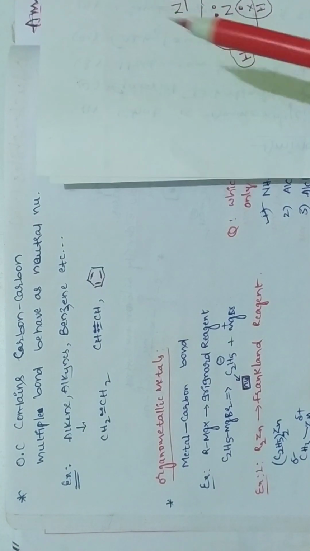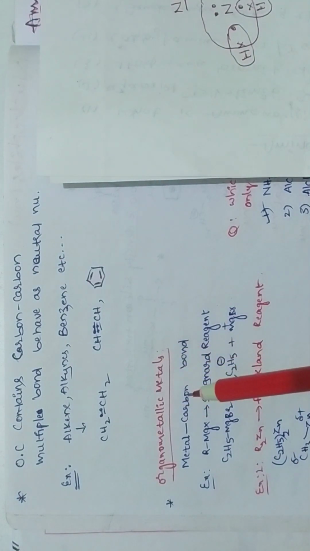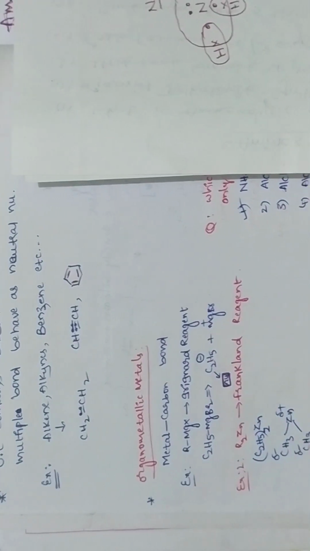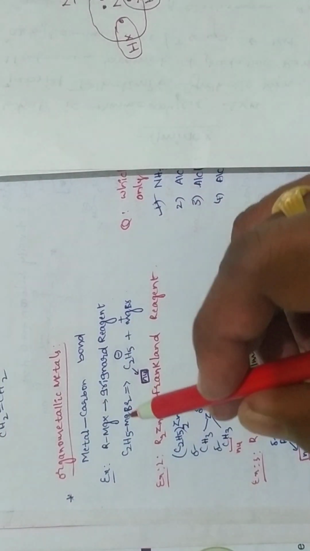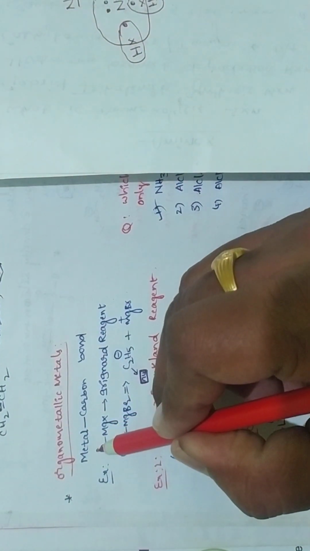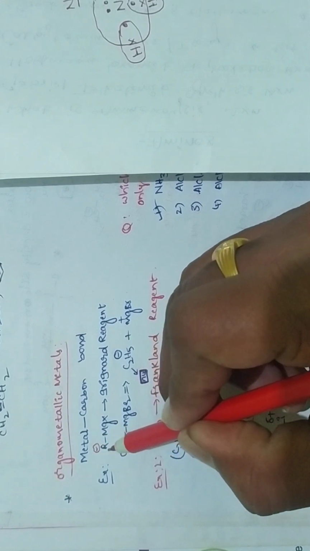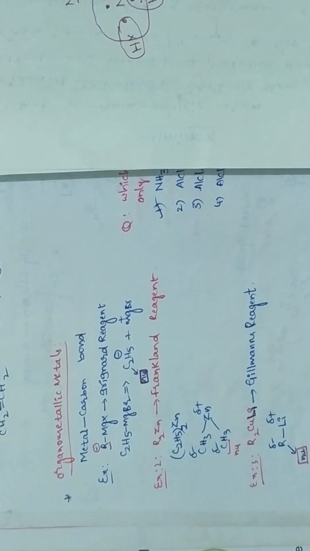Next, organometallic compounds. The best example is a Grignard reagent. In a Grignard reagent, the alkyl group is acting as a nucleophile.